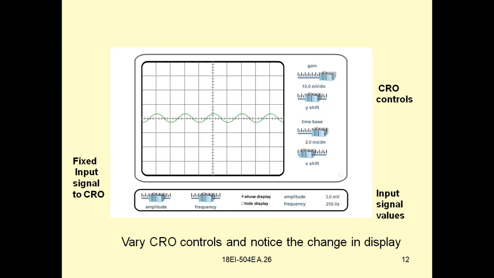The peak value is now one subdivision and half subdivision, that is 1.5.